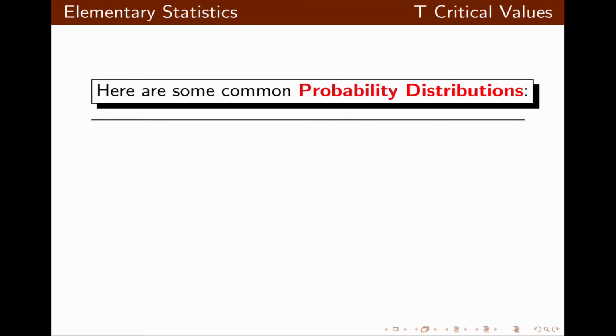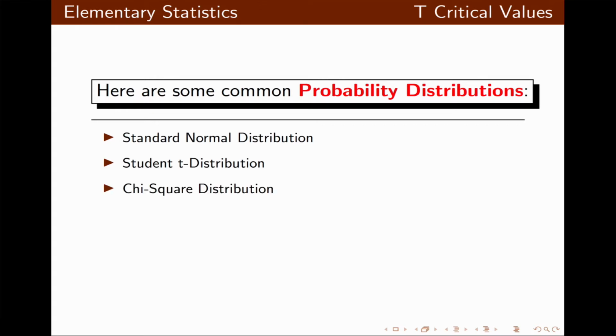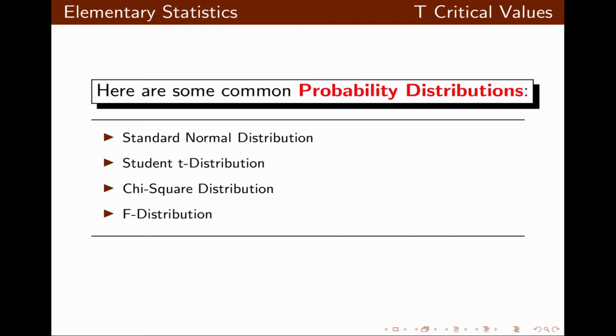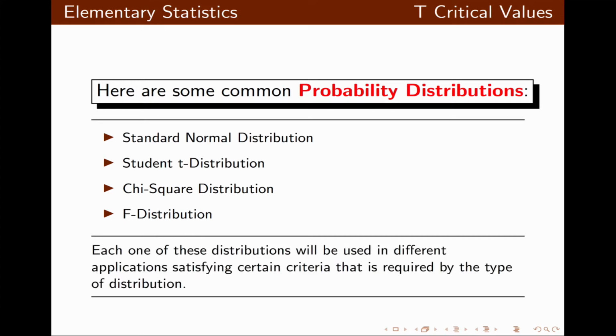Here are some common probability distributions: standard normal distribution, student t-distribution, chi-square distribution, and f-distribution. These probability distributions are used in different situations with different criteria for different applications.